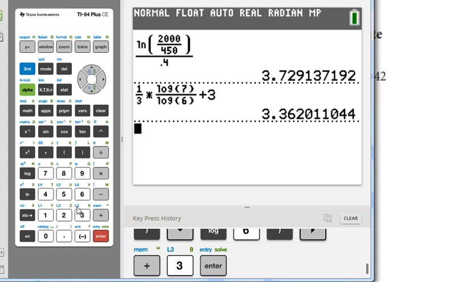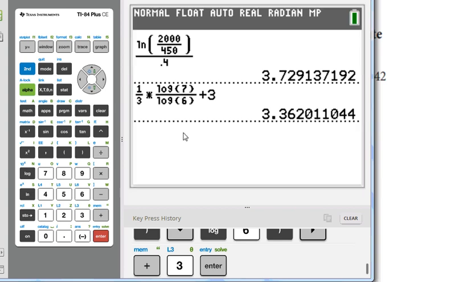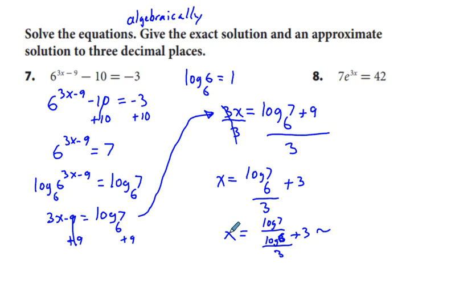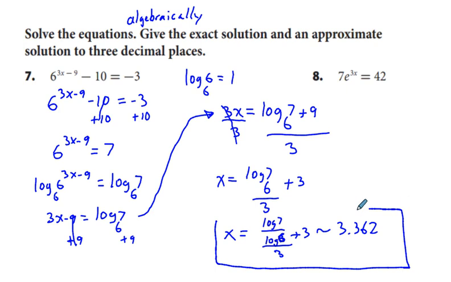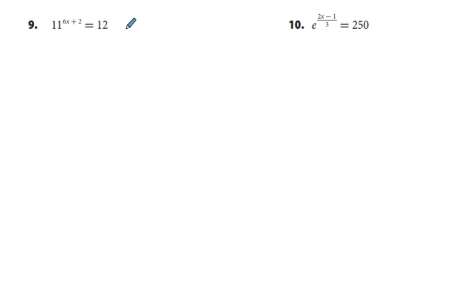So 3.362 is what we're getting here. Let's see what we get here. Yeah, that's exactly right. 3.362. So that will be our answer. I'm going to box in this whole thing. This is one of those problems that you could actually verify graphically. Put this in your graphing calculator and graph each side and see if that checks out.